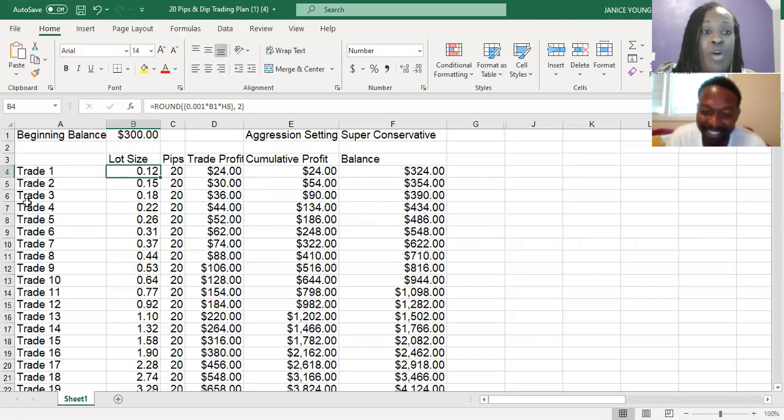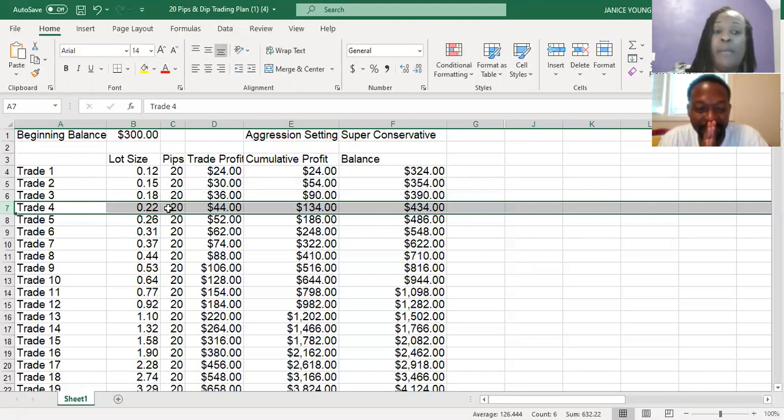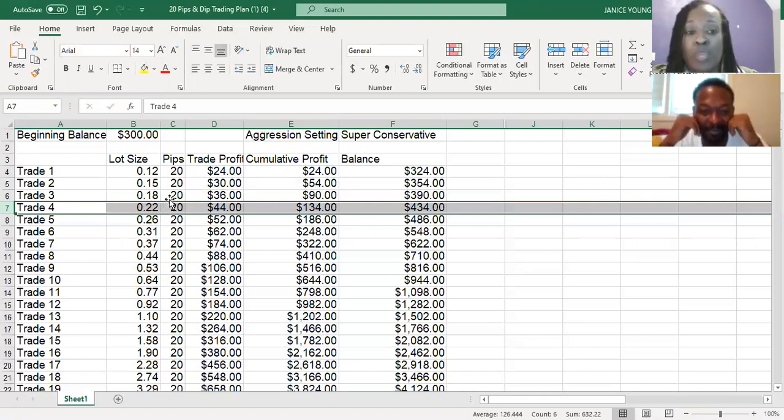So now instead of going to trade 2 and 3, you get to jump to trade 4. Follow your lot size. You got your 20 pips. See, no matter how many pips we get, we walk away with 20, because this sheet is based on 20 pips.